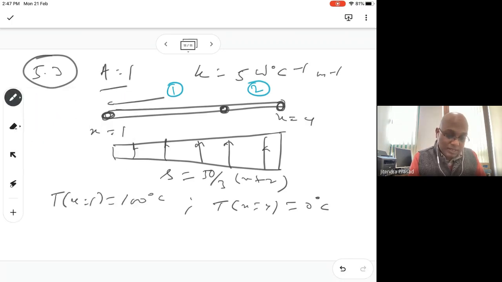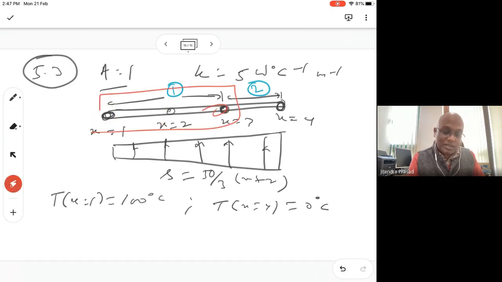This is x equal to 1, then you have x equal to 2, x equal to 3, and so on. Element number 1 is a 3-noded quadratic element, so you have nodes 1, 2, 3, and then you have a 2-noded element.